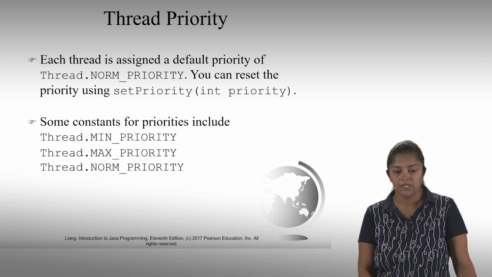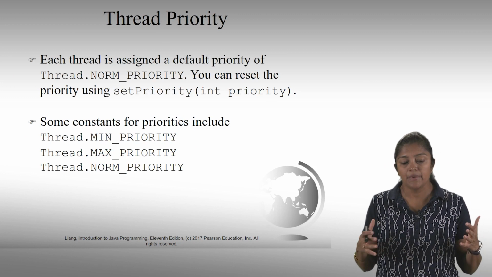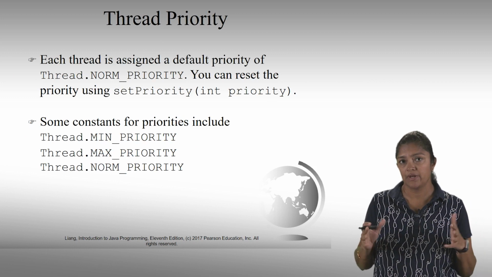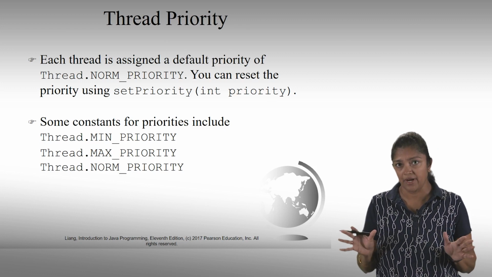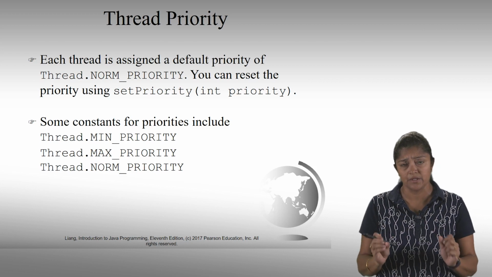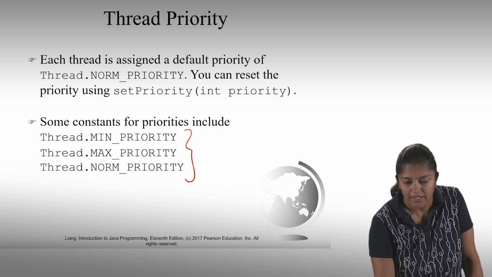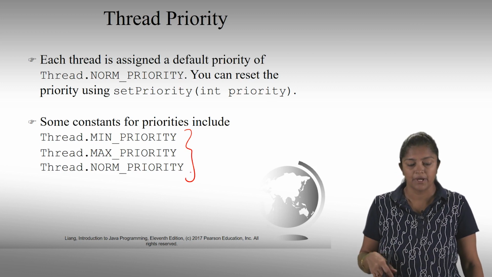Thread priority is another property that we saw earlier when we looked at the thread class API. Priorities can be set, and when nothing is specified, it takes the default priority, which is just the normal priority. There are a set of constants that are used for this priority: min, max, and norm, or normal priority.